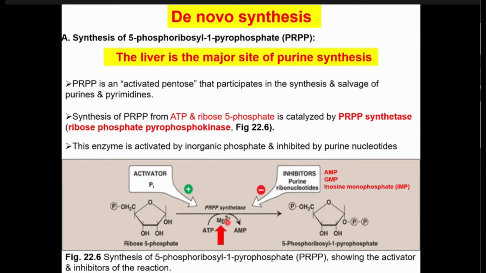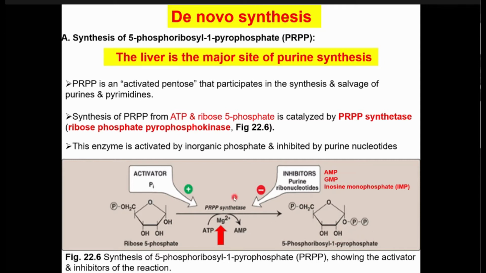The enzyme responsible is PRPP synthetase. This enzyme takes 2 phosphates from the ATP and puts them on the ribose 5-phosphate at position number 1, and I end up with 5-phosphoribosyl and 2 phosphates called pyrophosphate.